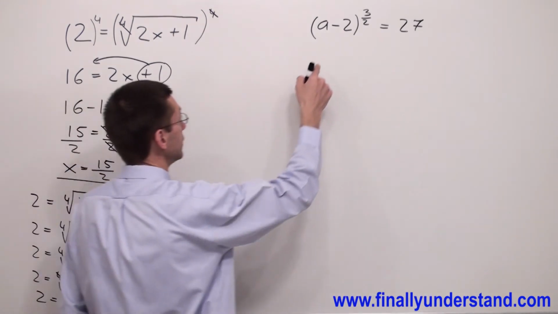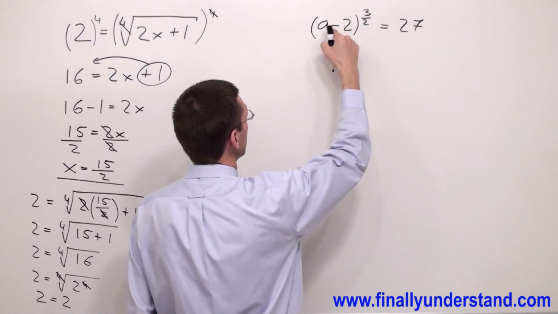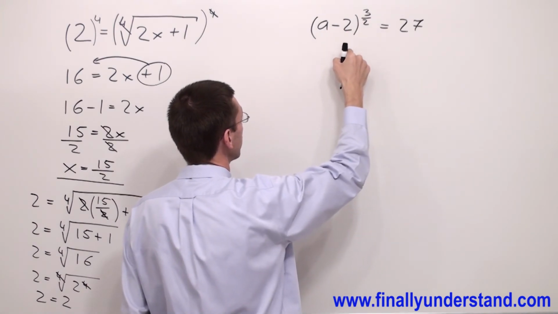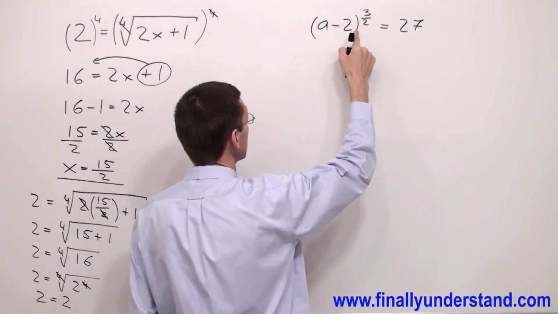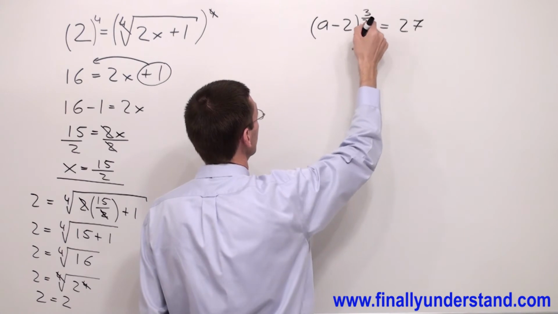Let's take a look at this example. Okay, we have a minus 2 raised to the power 3 over 2. We want to make sure that we are going to eliminate this exponent.